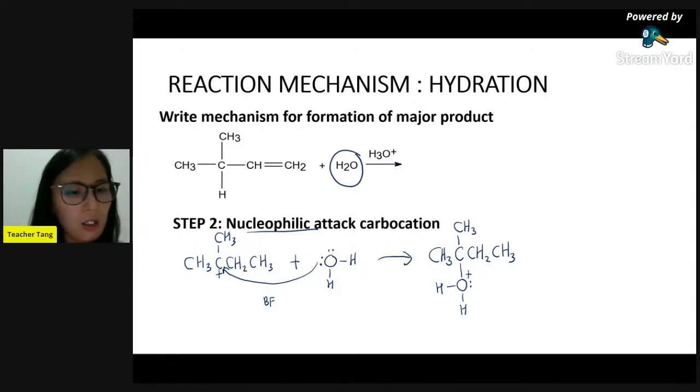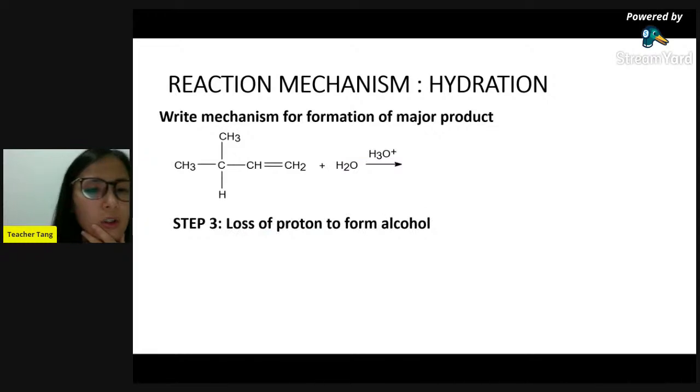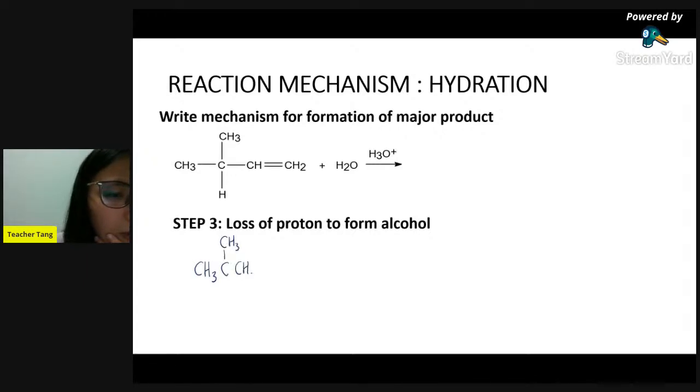Okay, so we move on to look at step number 3. So in step number 3, okay, so after step number 2, we get something like this.